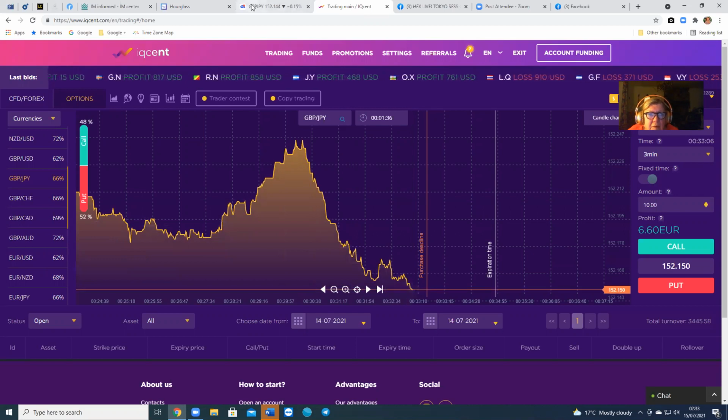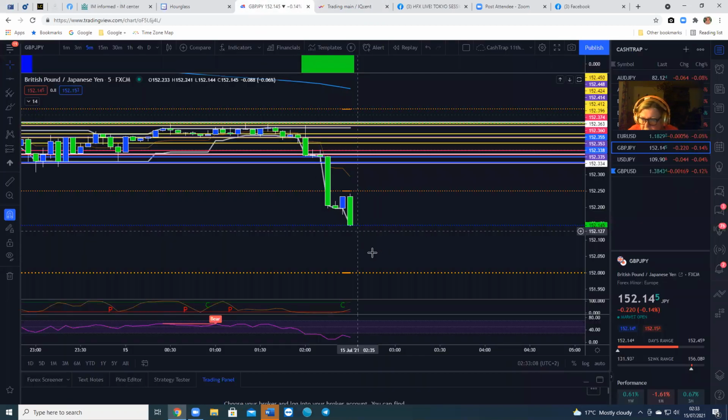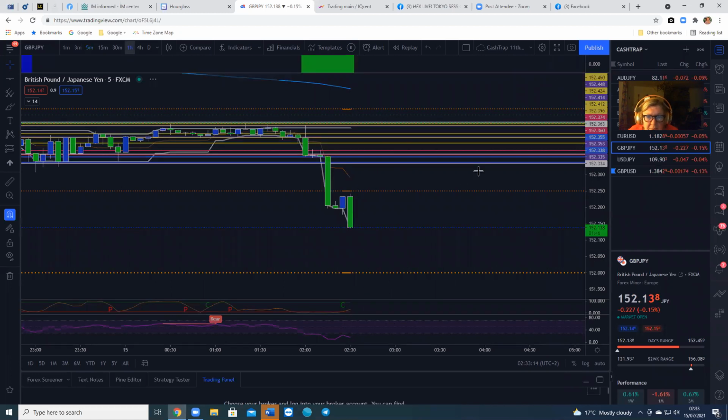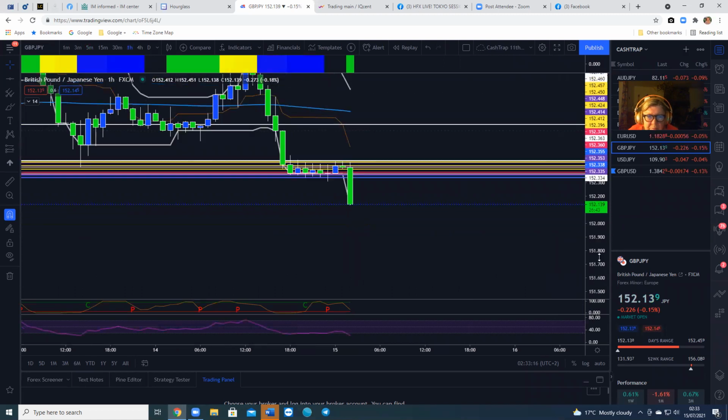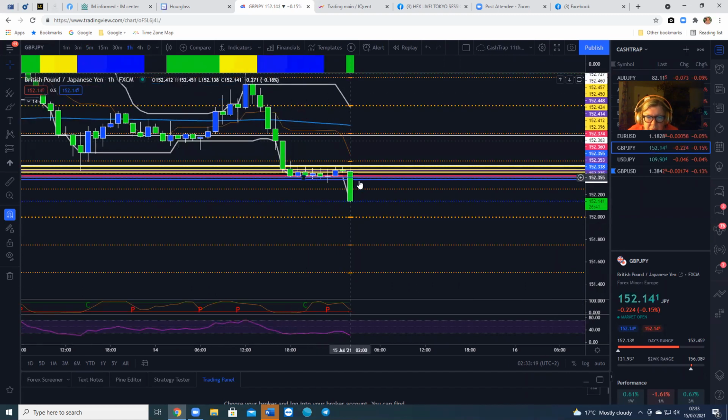GJ is now right down at 150. Heading down to this whole number, 152000. That's what it looks like it's doing. Oh, look at that. That looks like what it's doing.